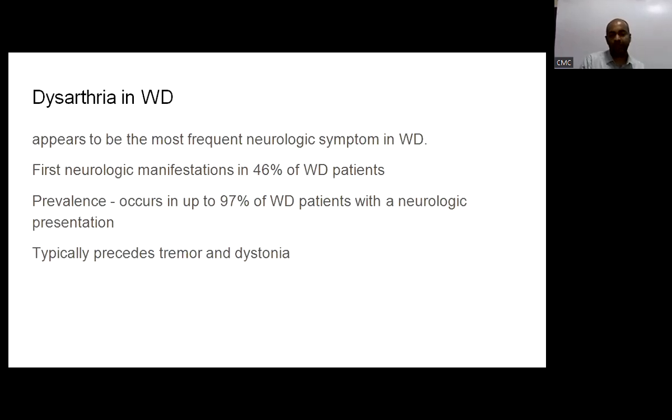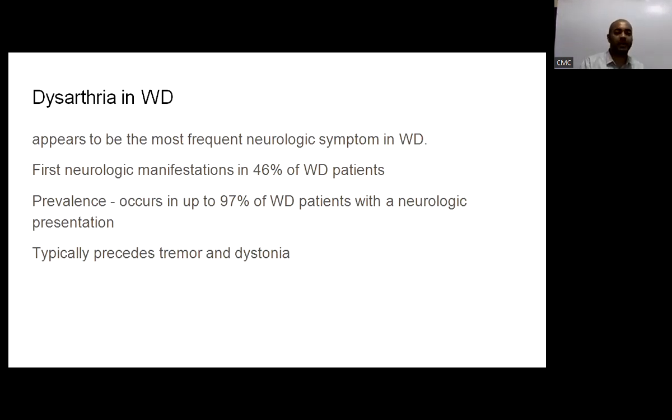Now, dysarthria. Even though the movement disorders are what bring the patients to the doctor, the predominant symptoms will be dysarthria and dysphagia. Dysarthria appears to be the most frequent neurological symptom. It is the first neurological manifestation in around 46% of patients. It can be seen in around 97% of patients.